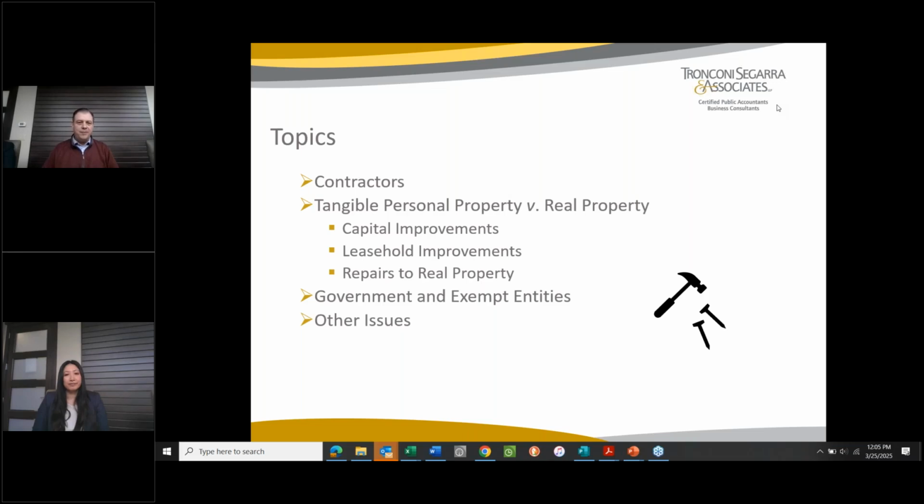I'm going to do some capital improvements, and she's going to talk about leasehold improvements and repairs to real property. And I'm going to bring it all home, talking about some issues contractors typically have with government agencies or entities and exempt organizations, as well as a couple other quirky issues that we see from time to time. So let's get started.